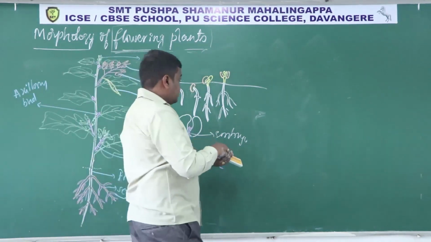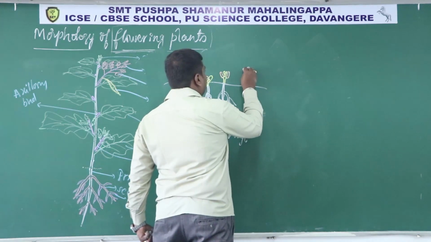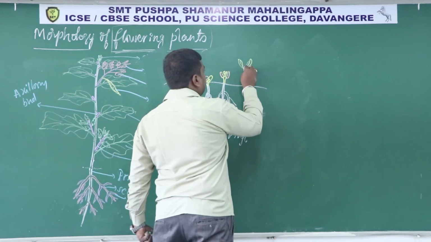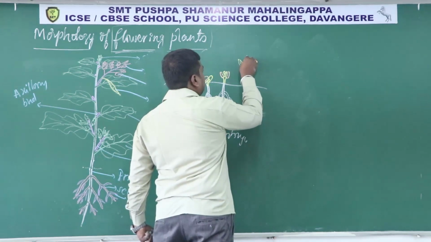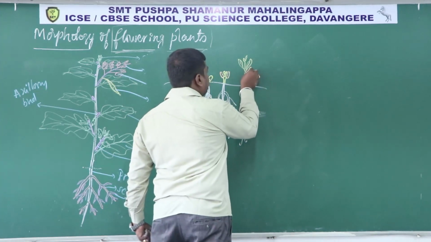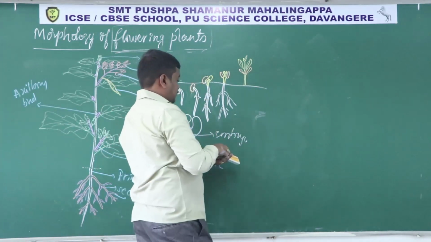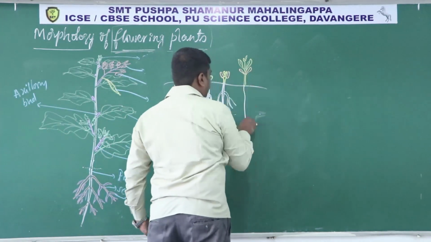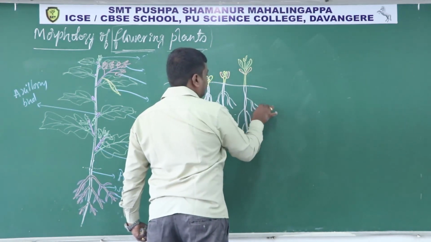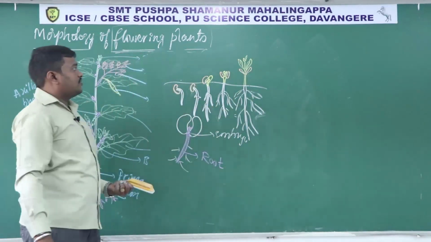In the next stage it develops, and this cotyledon appears like this. Then the root system grows extensively with branching. So it looks like this.